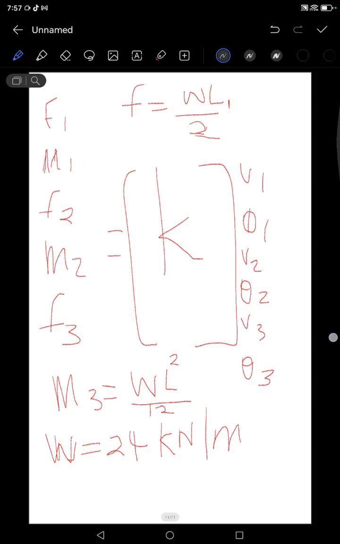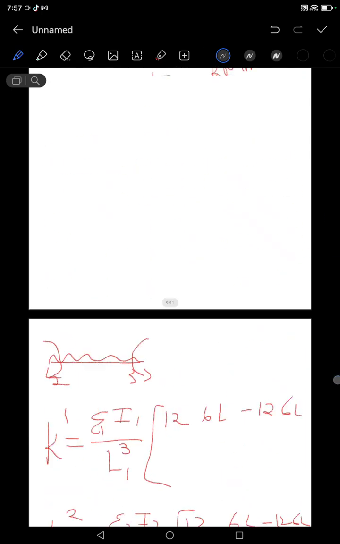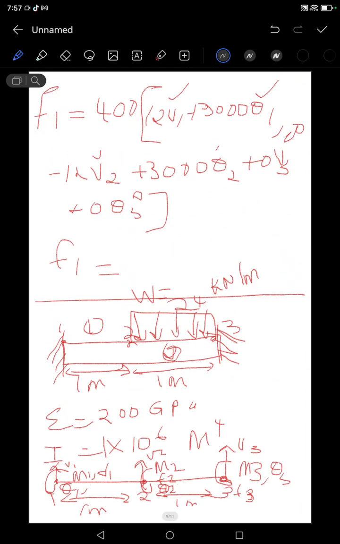But here the UDL is between 2 and 3. So at 1 and 3, the force is going to be equal to 0 because it's fixed, and F3 is going to be equal to 0 because it's fixed. So we're going to get F2 and M2 using that formula.